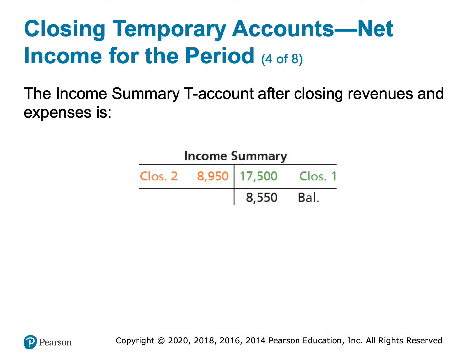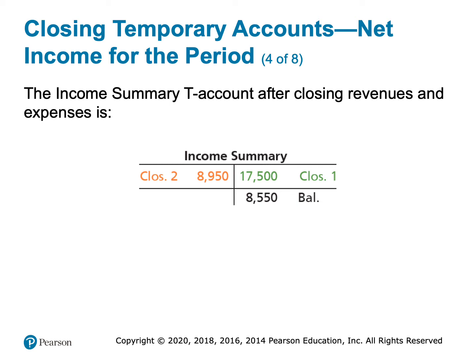So now when I look at the T accounts, all of the expense accounts will have a zero balance. And income summary had a credit of 17,500 for revenue. It has a debit of 8,950 for expenses. So that leaves us with a credit balance of 8,550. And I bet if you look back in your notes at what our income statement looked like, we showed net income of 8,550.